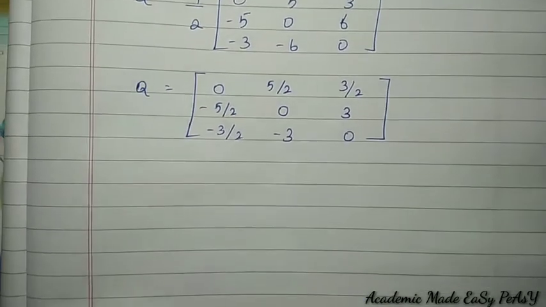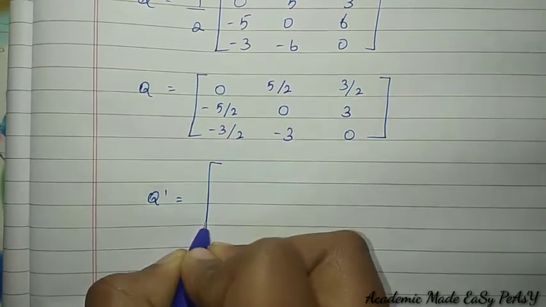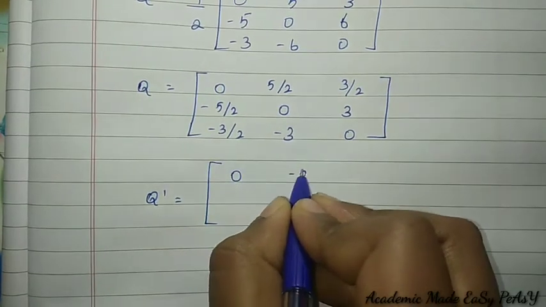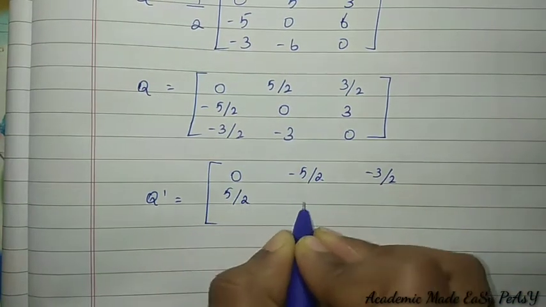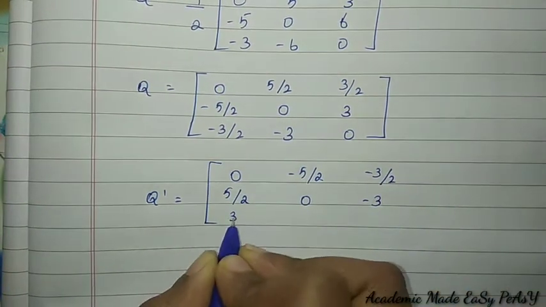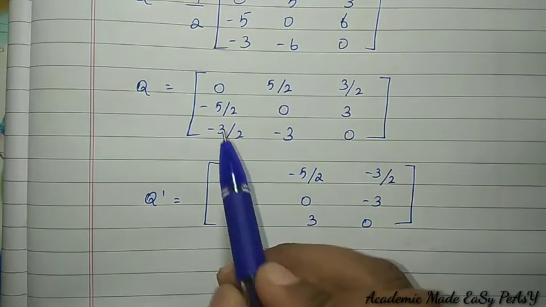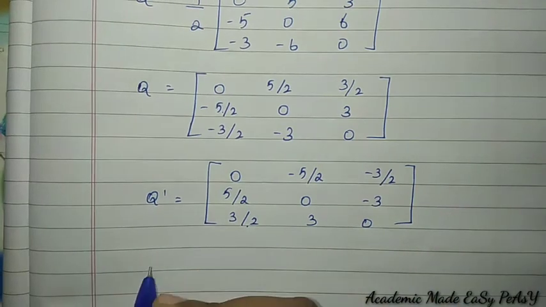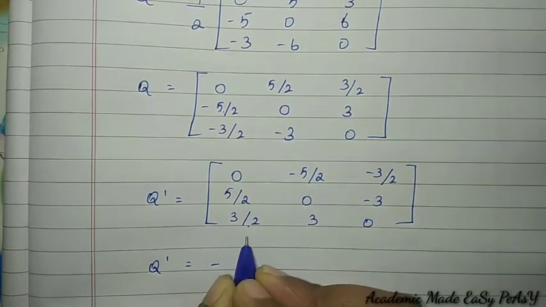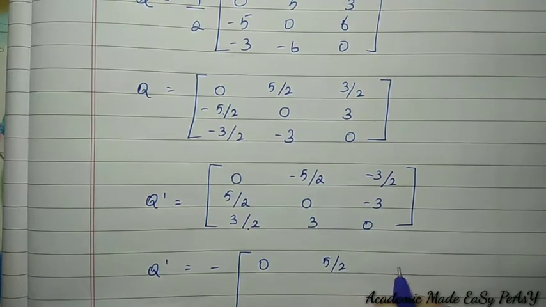Now I will be taking the transpose. Q transpose is equal to 0, minus 5 by 2, minus 3 by 2, 5 by 2, 0, minus 3, 3 by 2, 3, 0. Now if I take Q and Q dash, and take all the negative signs out, what will I get? 0, 5 by 2, 3 by 2.